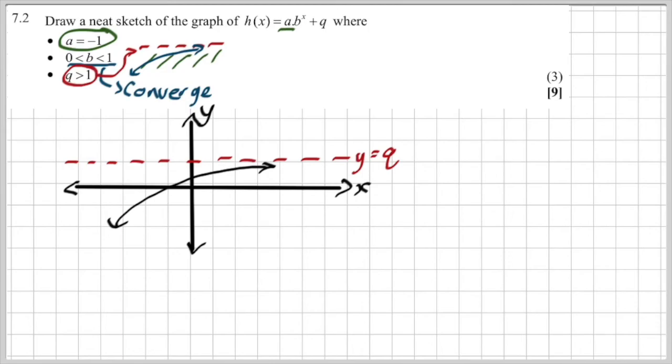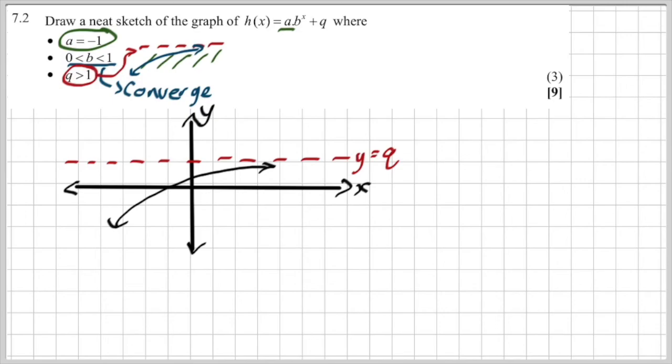Do I know where it passes through the x and the y axis? No, I don't. But they won't give you marks for it. Remember, it's 3 marks. So 1 mark will be for your asymptote being above the x-axis. 1 mark will be for your graph lying below the asymptote.